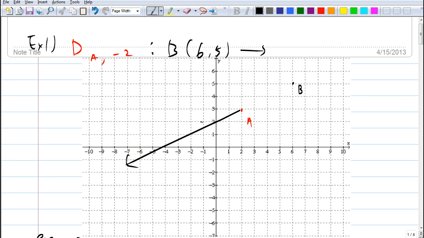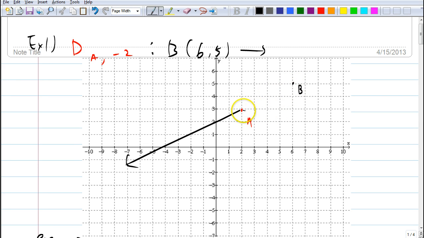Would it be on this one? No, because k is negative. K is negative 2. So if k is negative, B prime will be on the opposite ray. Now where on this ray? Double this distance. I have to go down 1, left 2, down 1, left 2.